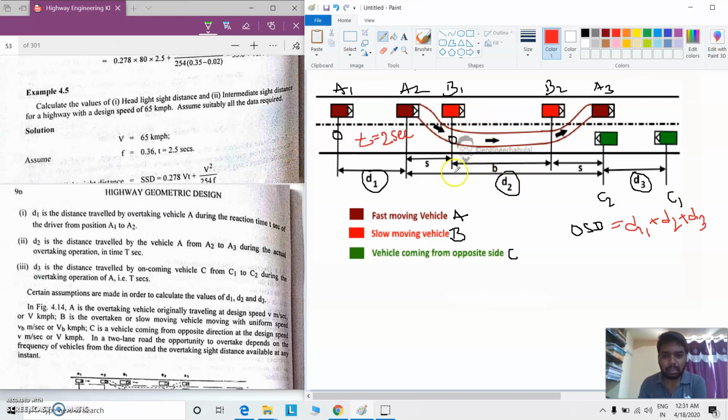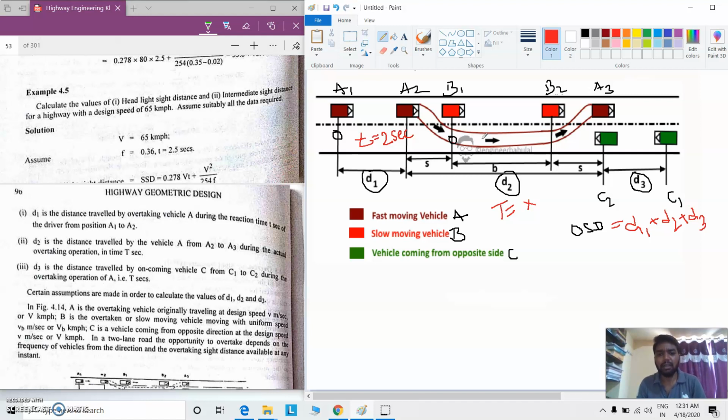Because all these factors are involved, the vehicle moving from A2 to A3 is not dependent on a single factor, it is dependent on many factors.